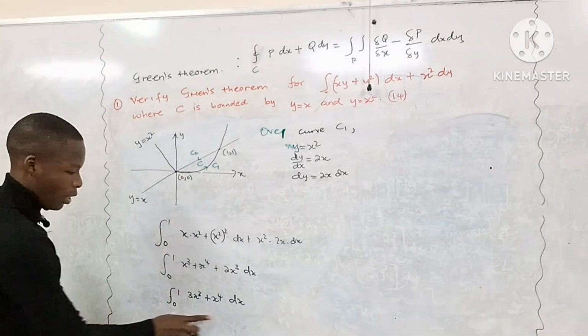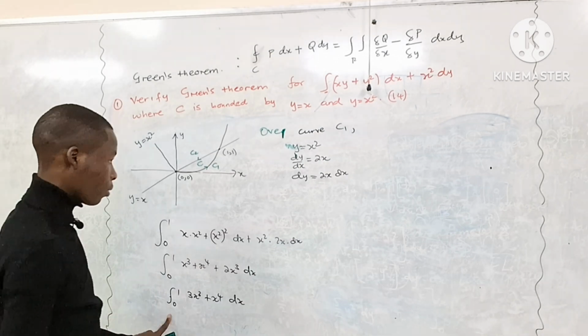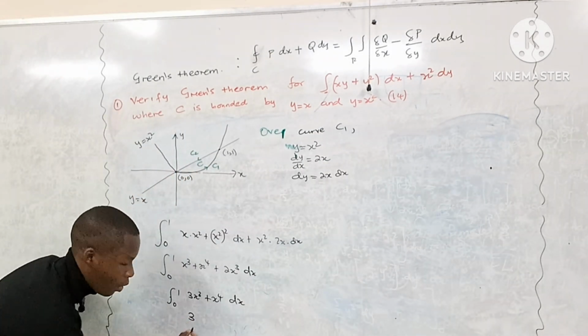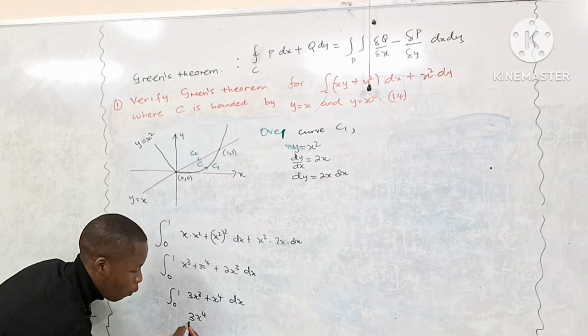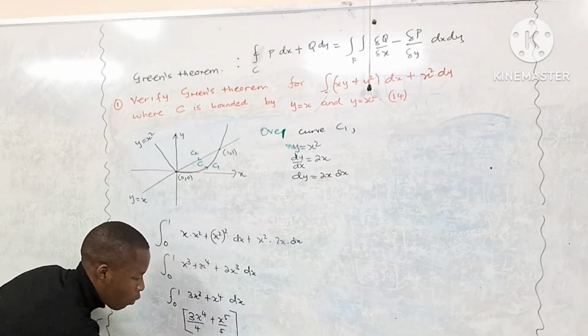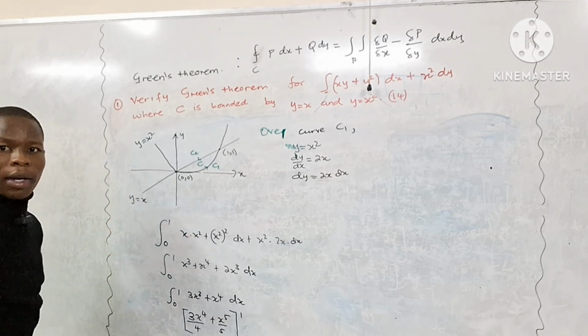Let's integrate this. This becomes 3x to the power 4 by 4 plus x to the power 5 by 5 from 0 up to 1.